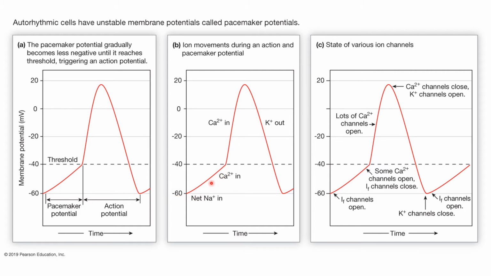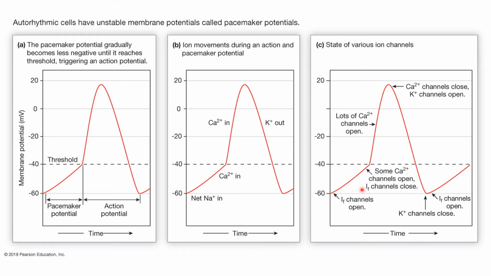We have to reach a threshold that's around negative 40 millivolts. So how are your autorhythmic cells going to reach the threshold of negative 40 millivolts? Two channels are going to play a role in reaching that threshold.